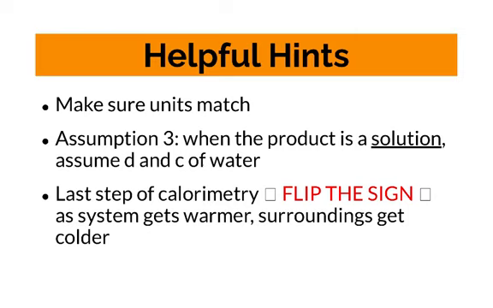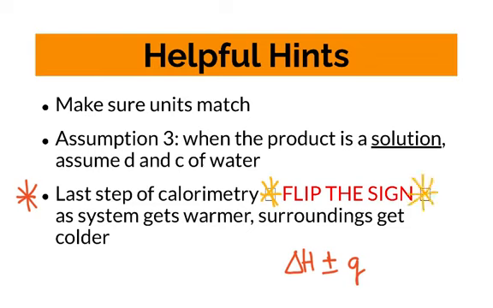Lastly, remember I talked about how the enthalpy and the heat have the same numerics, but they are opposite in sign. The last step is going to make sure that part translates. So when we do a calorimetry equation, the last step we're always going to do is flip the sign of the final answer.